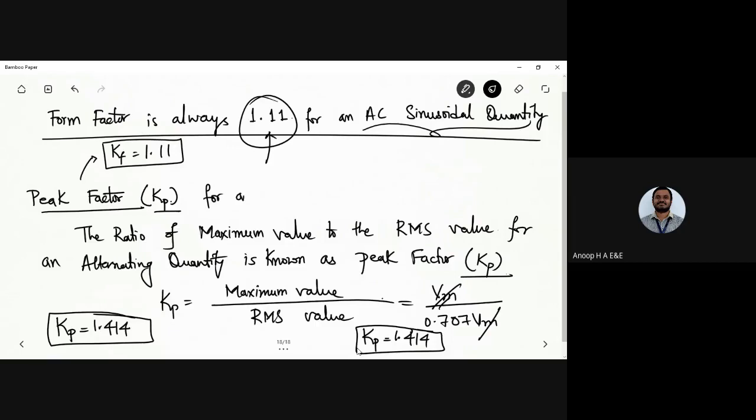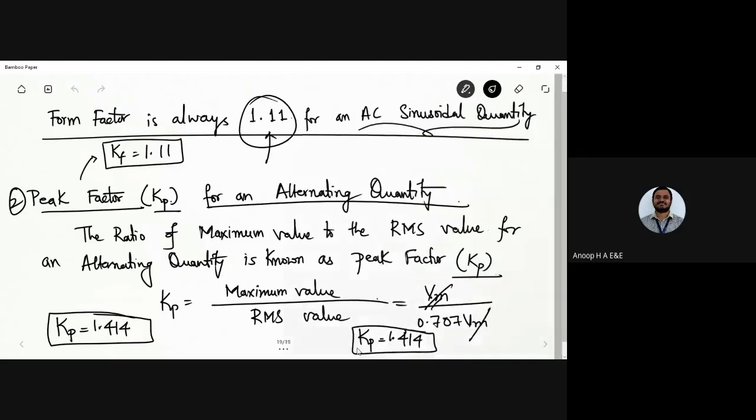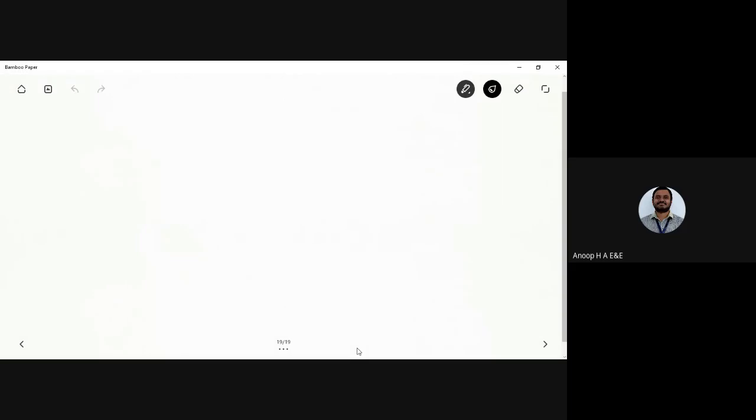Okay, so this is the second definition that we discussed in this video: the peak factor, and first the form factor. These are quite important things that you need to remember. Let me summarize.